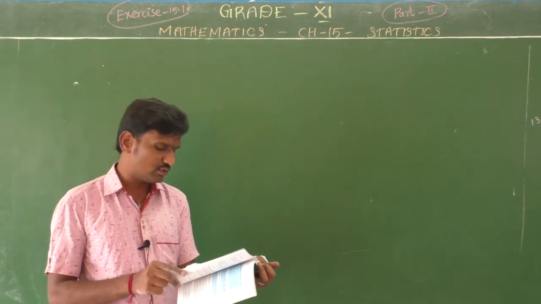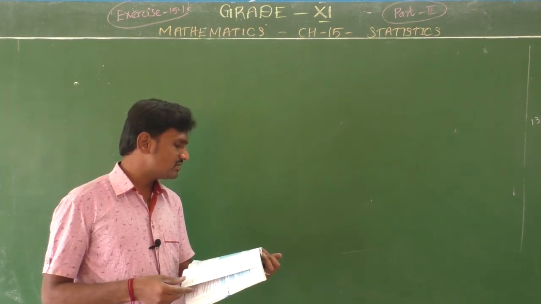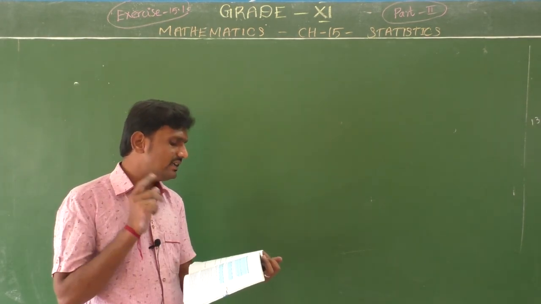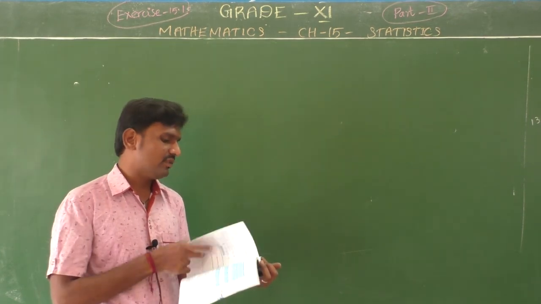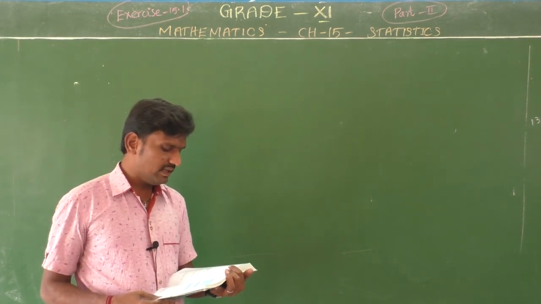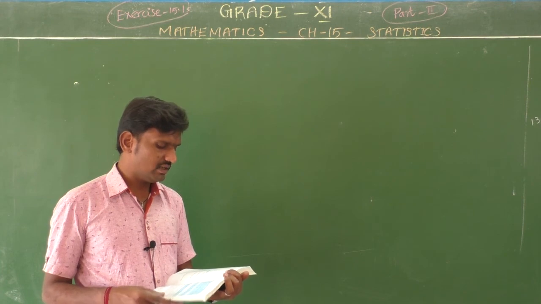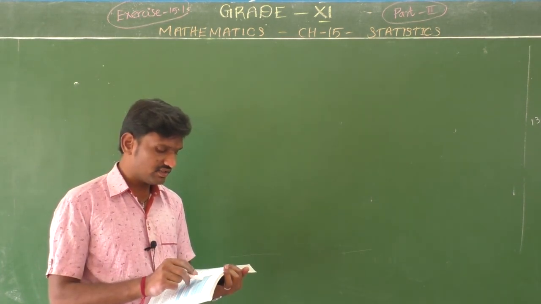Without gaps. Okay. So based on this, you have question numbers: example 6, which is the mean, and the exercise problem is the 9th question. Both are mean deviation about mean.